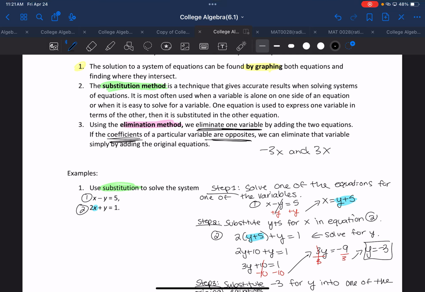And these are called additive inverses. So if the two equations do not have an additive inverse, sometimes we might need to use multiplication to multiply one of the equations by a number to create additive inverses. So we're allowed to do that. We can multiply an entire equation in a system by a constant.